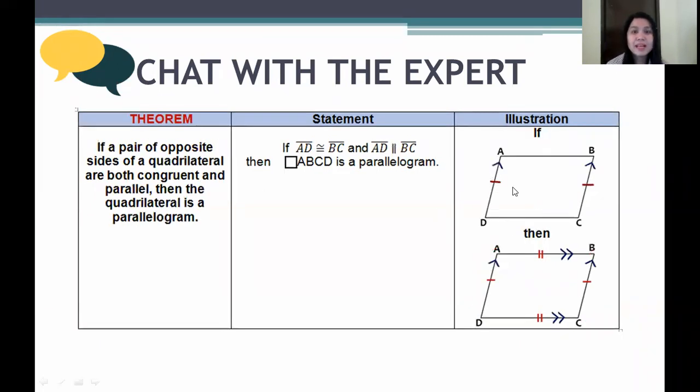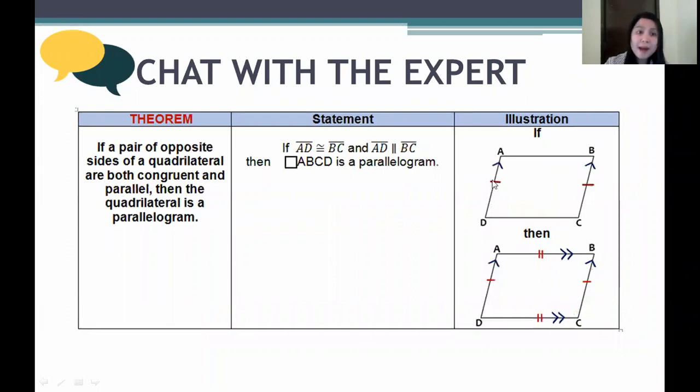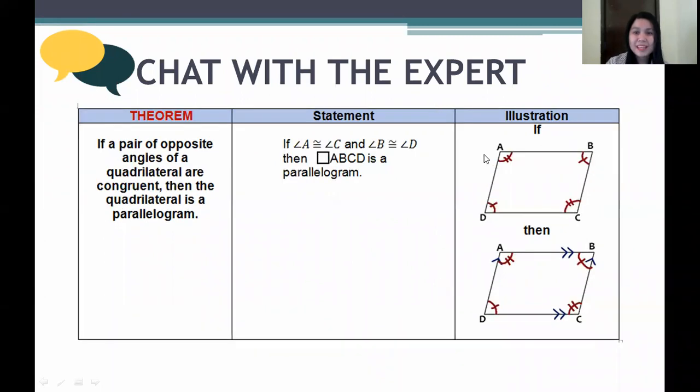Second, if only one pair of opposite sides is congruent, but that pair is also parallel, then it is a parallelogram. The next one, if the opposite angles of a quadrilateral are congruent, like A is equal to C and D is equal to B, then that quadrilateral is a parallelogram.